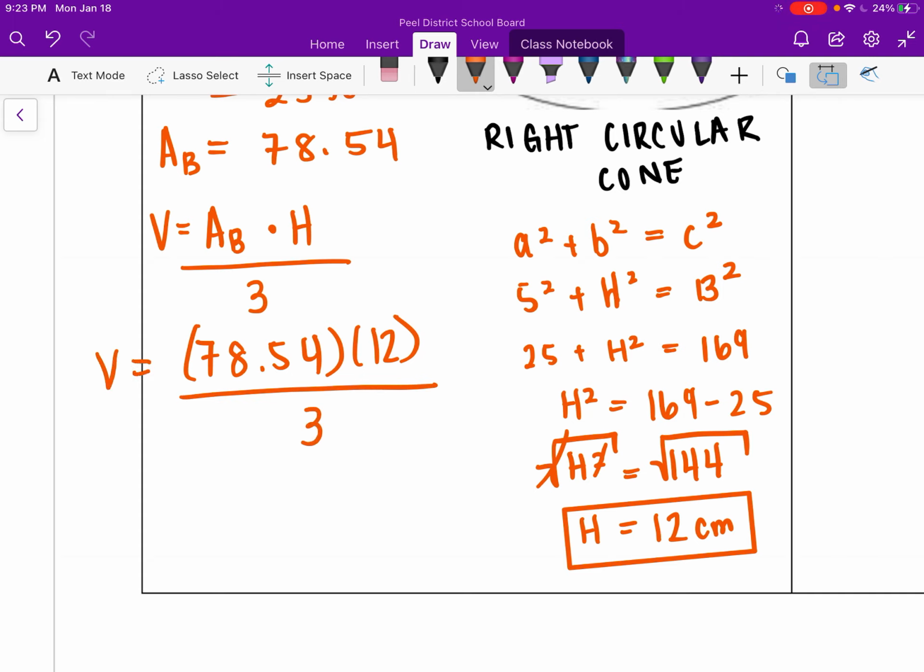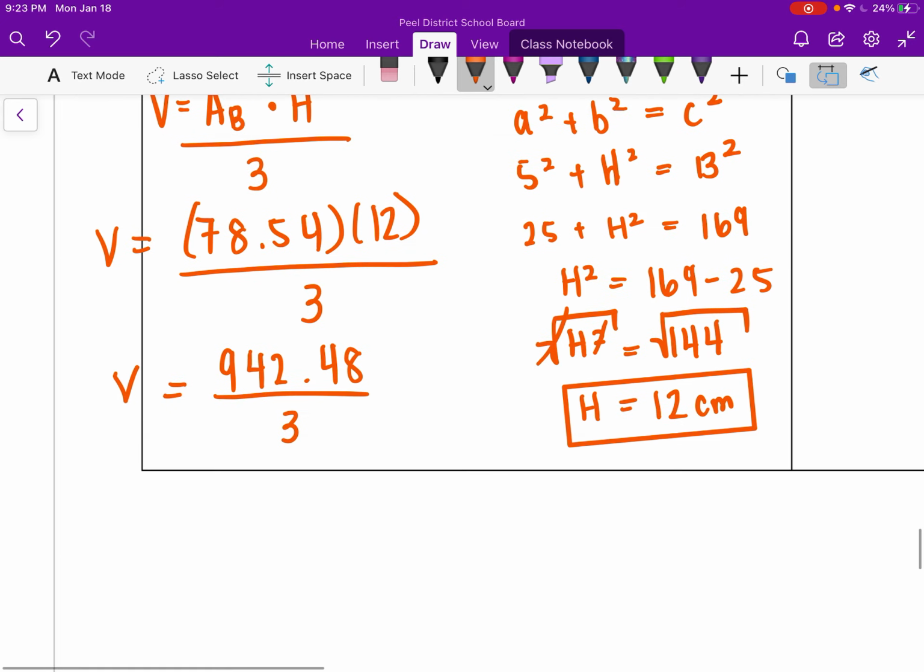So 78.54 times 12 is equal to 942.48 divided by 3. Oh, that's not good. Divided by 3. Right? I'm just going to divide that by 3, and that's going to give me a volume of 314.2 centimeters cubed.